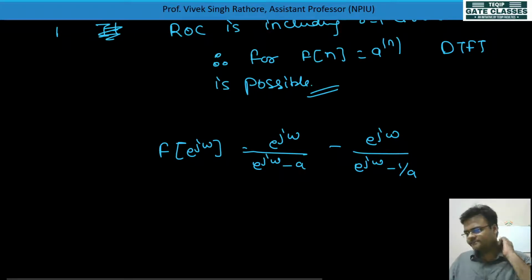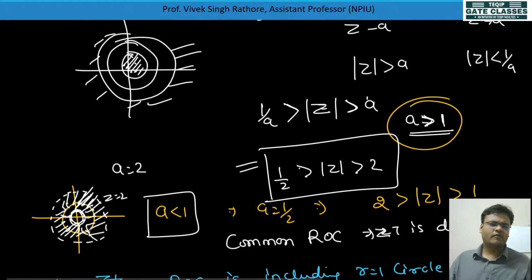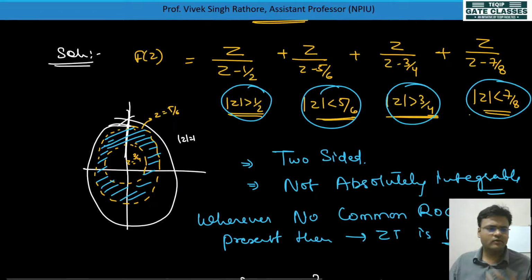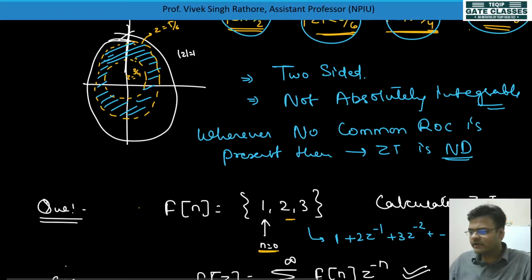So see, it is very easy to calculate the ROC for the Z transform, and how to calculate the DTFT is also very easy. Till now I think all concepts you must know and you must remember. In the next lecture we'll see some more properties like linearity property, time reversal property, multiplication by n, convolution property, time shifting, and then time integration, time differentiation, and then the initial and final value theorem.